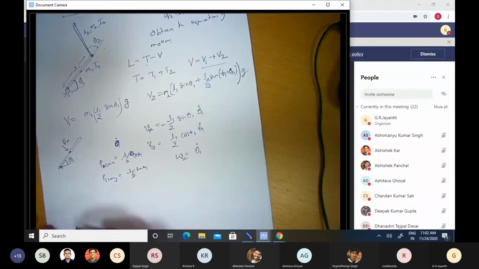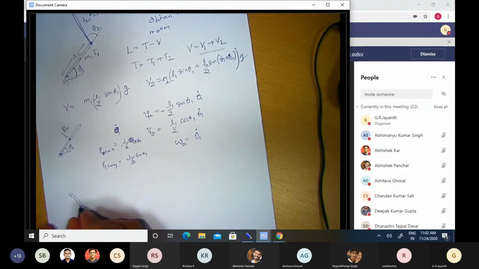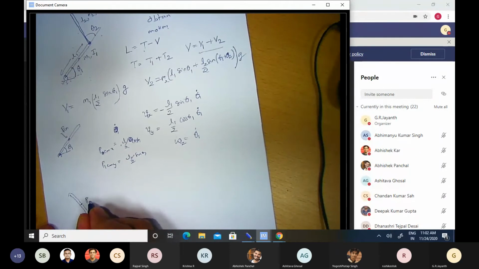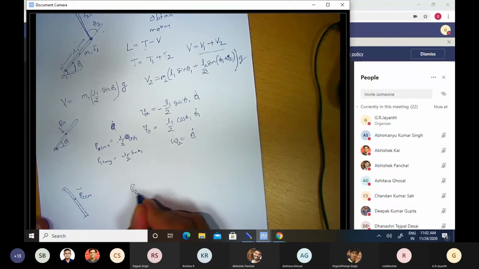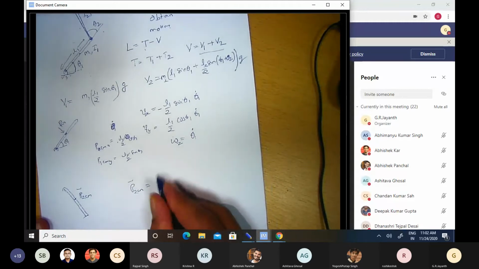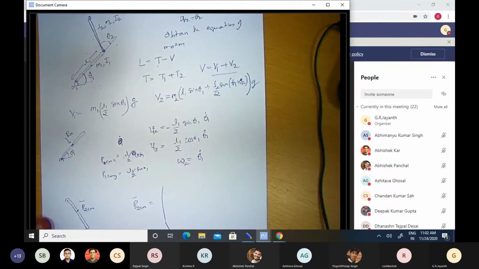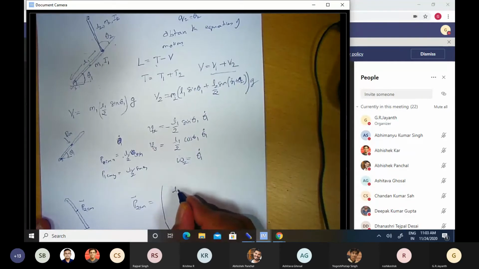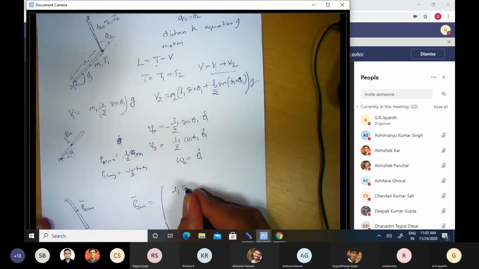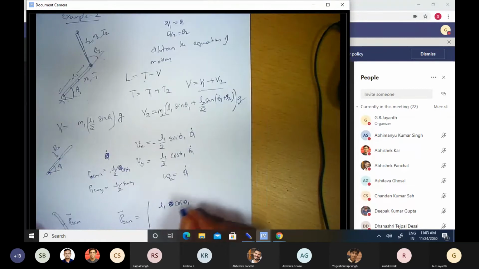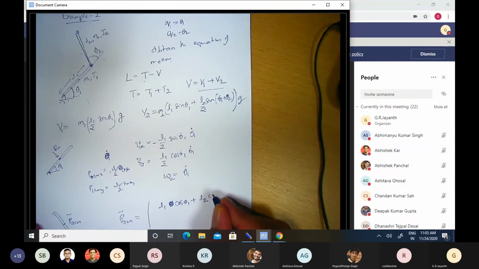Likewise, for the second link, what is the location P2 cm? The x component of that is going to be equal to L1 cos theta 1 plus L2 by 2 cos of theta 1 plus theta 2.